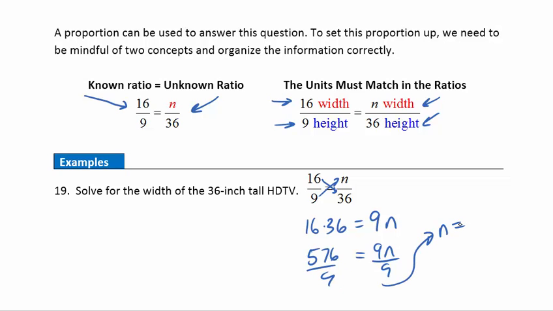And let's see, n is going to be then 64. And in this case, since we're talking about the width of the television, we want to make sure we include units here. 64 inches.